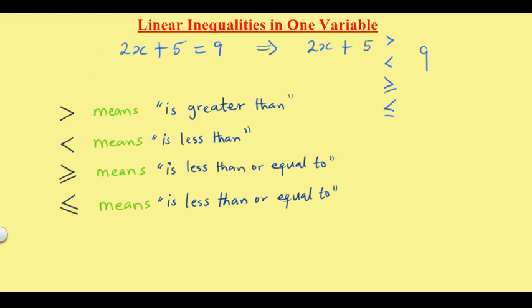Linear inequalities are inequalities that involve at least one linear algebraic expression that is compared to another using the sign of inequality. Now we all know what linear inequality is. Let's proceed to solving problems involving linear inequalities.